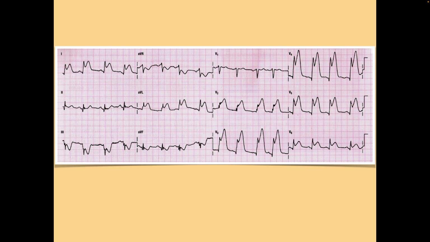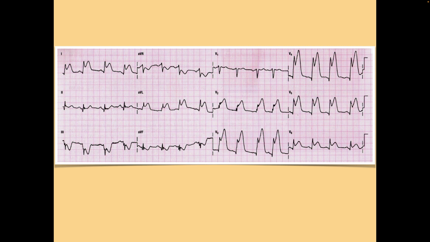Okay. So, do you see any in V1? No. V2? Yes. V3? Yes. V4? Yes. V5? Yes. V6? Yes. Okay. So, what do you think you would call this? Septal anterior lateral. Bingo. Nice job.